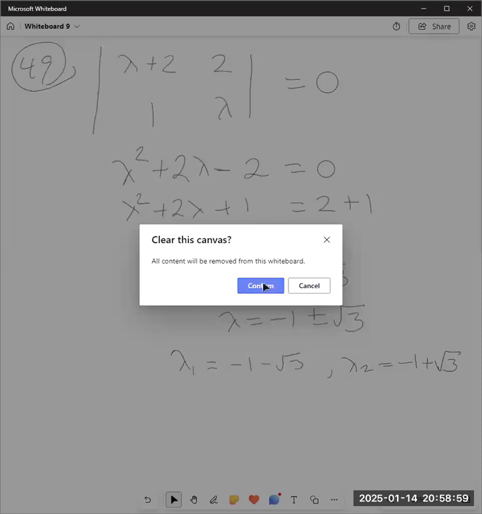All right. 51 says that I want to find the determinant of lambda, and then 2, and then 0.